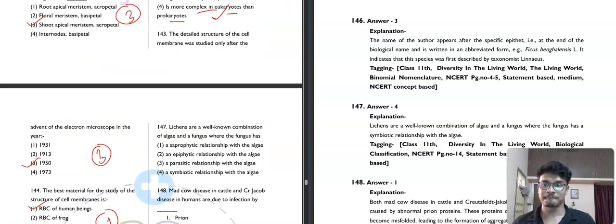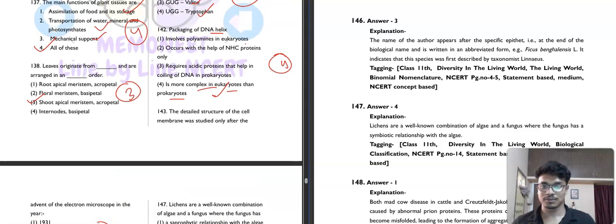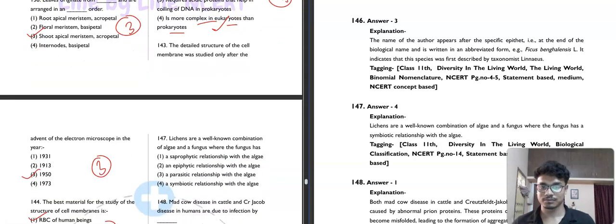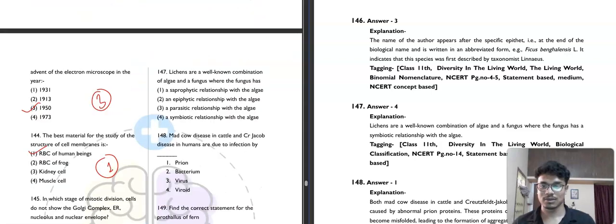Then question number 147. Lichens are a well-known combination of algae and fungi, where the fungus has what relationship with algae: saprophytic, ectophytic, parasitic, symbiotic?